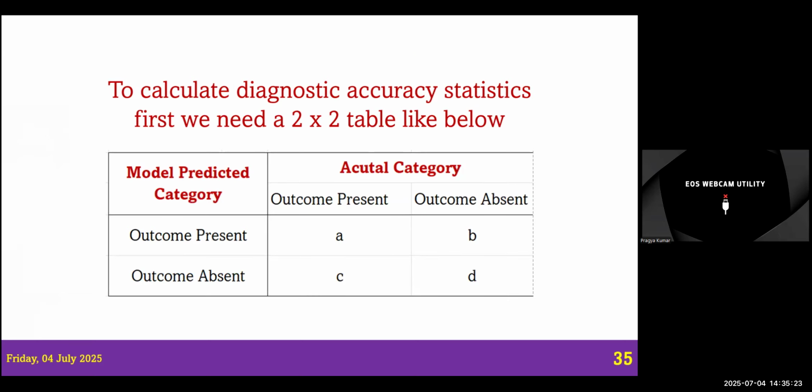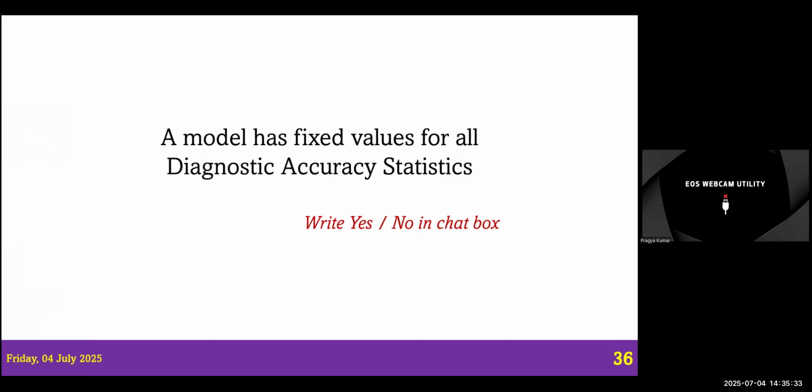Because there, what we do is we say what the model has predicted, whether he will have the disease or not have the disease, and what the actual category is. So there is a 2 by 2 table for the cutoff, and with your model at the 0.5 cutoff, you get the sensitivity, specificity, likelihood ratios, and the predictive values.